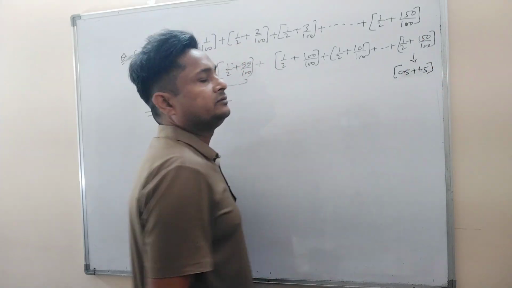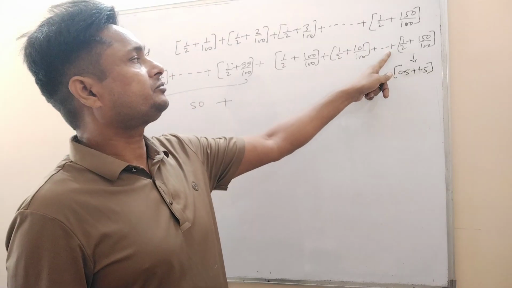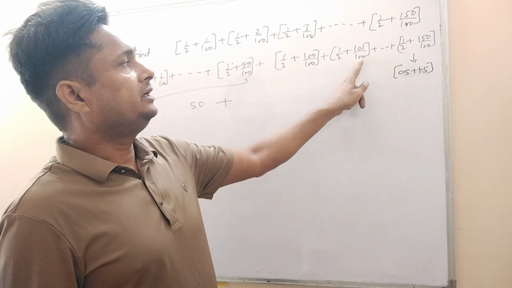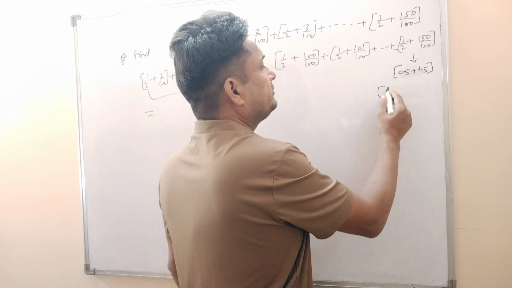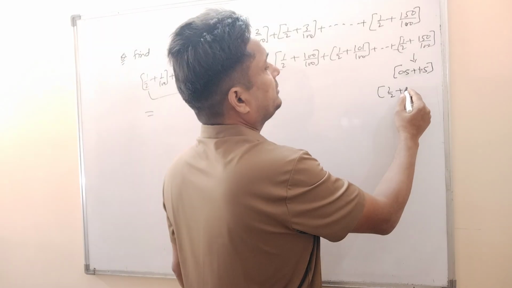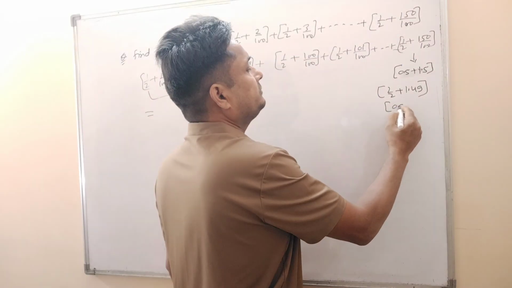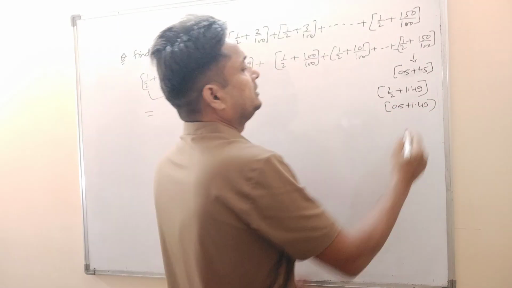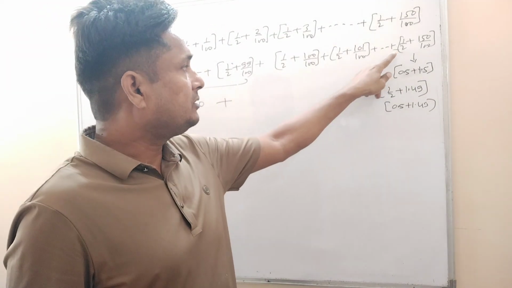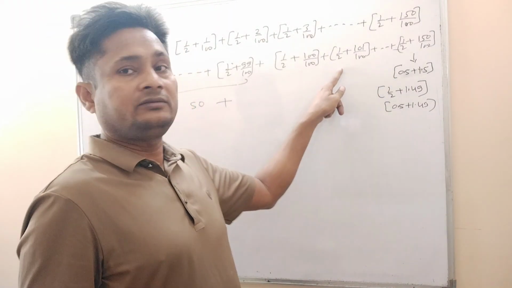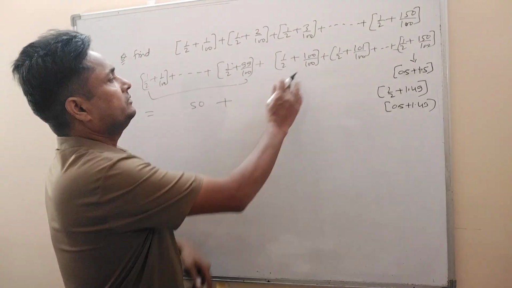Before this value, this will be less than that. The one before the last will be 1 by 2 plus 1.49, which is 0.5 plus 1.49. And if you add this one, this will be less than 2. And all of the numbers before that one will be less than 2, so the greatest integer is 1.